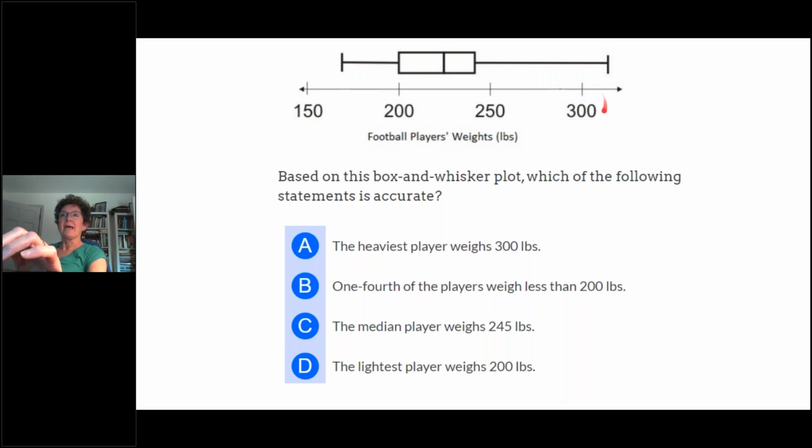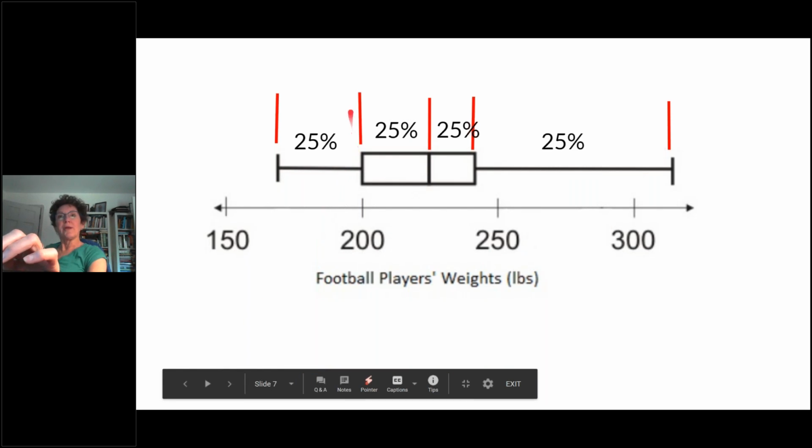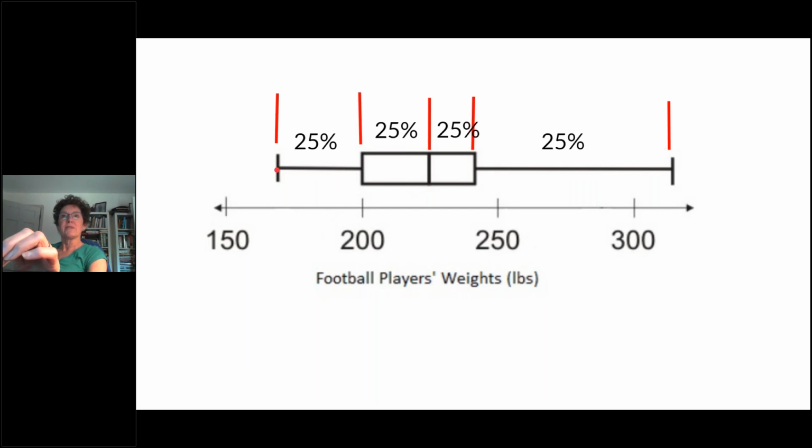Just because this is the last number mentioned, we have to do some interpretation and look to see that this point is beyond that number 300. So 1/4 of the players weigh less than 200 pounds. Let's look at 200. That is the lower quartile number. And we said that the quartile is 25%. If I go back a slide, we said that 25% is represented by this whisker.